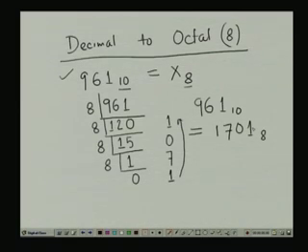And in a similar way I can do the fraction also. Let us take one example. Say some decimal, 0.35, and again I want x in octal.